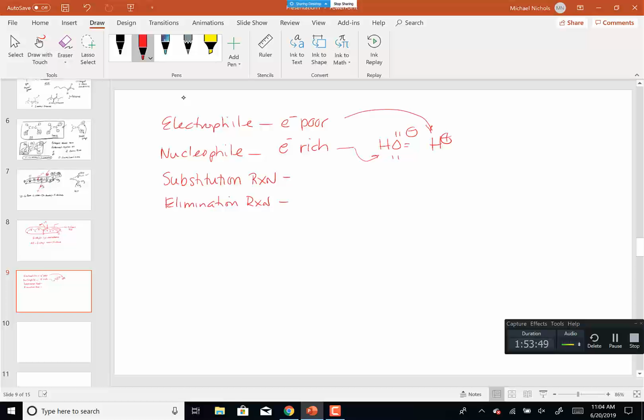So in the chemistry world, what happens with hydroxide and H plus? The hydroxide takes its lone pair and donates it. Actually, it doesn't donate it. It shares it with the H plus, and now we made water.